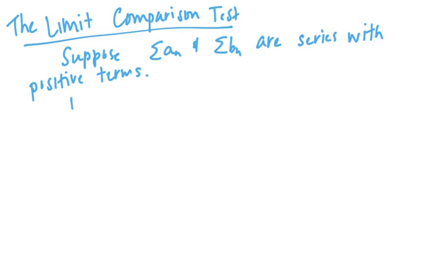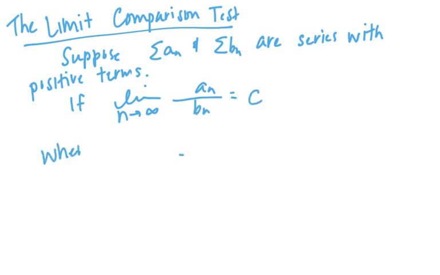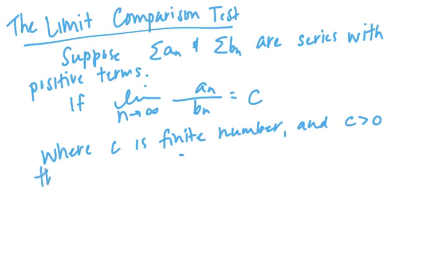So then we know that if the limit as n approaches infinity of a_n over b_n equals c, where c is a finite number, that means it's a definite finite number, and c is greater than 0, then either both series converge or both series diverge.